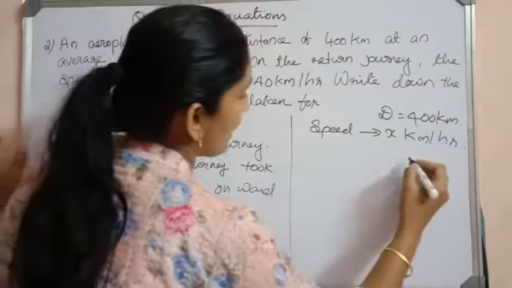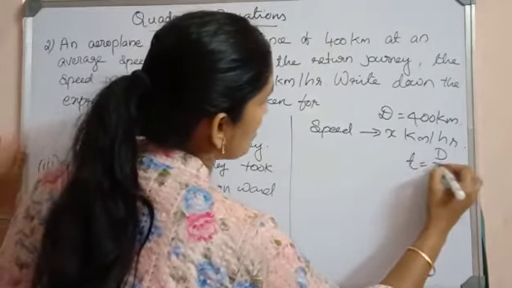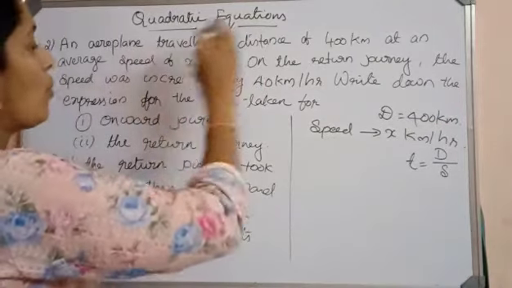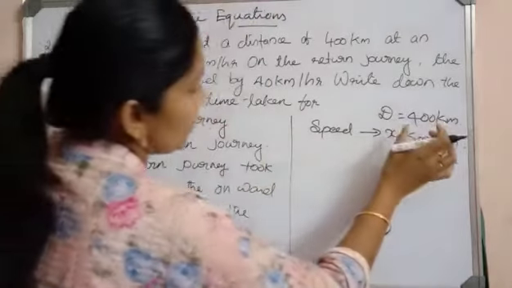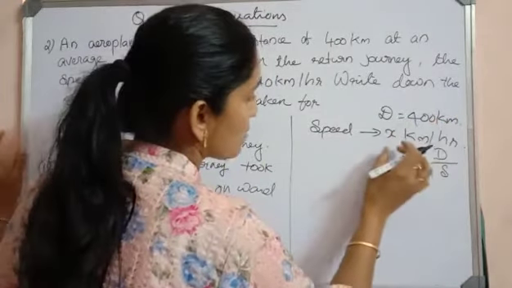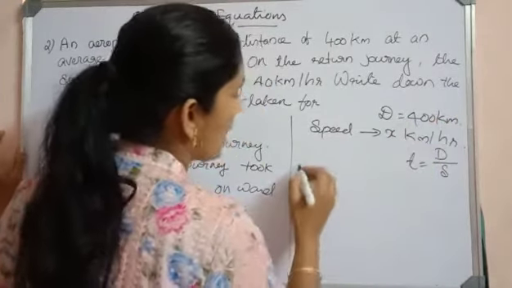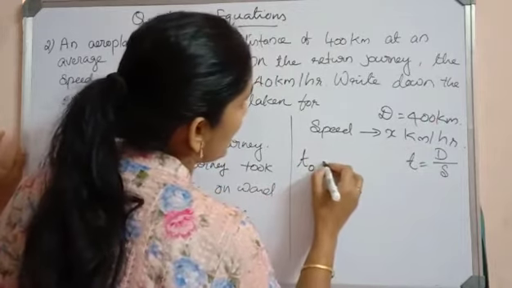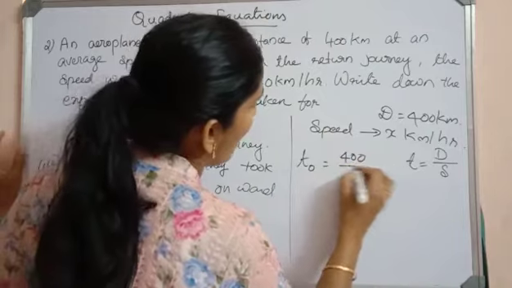As per the equation, the time taken is equal to distance by speed. For the onward journey, the distance covered is 400 kilometers and the speed is x kilometer per hour. Therefore, the time taken for the onward journey is 400 by x.